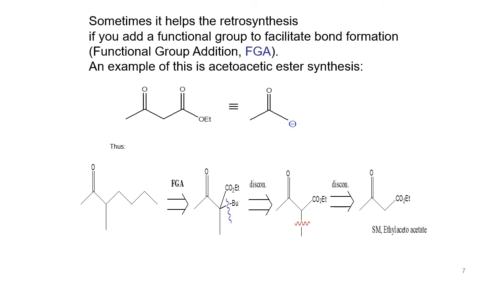Sometimes it helps the retrosynthesis if you add a functional group to facilitate bond formation. In this case, this is what we call functional group addition. If your compound does not have any good functional group, you can add another functional group.